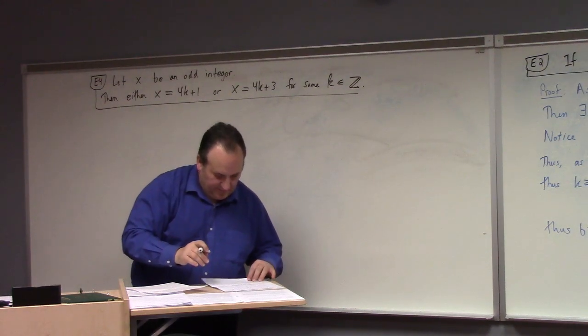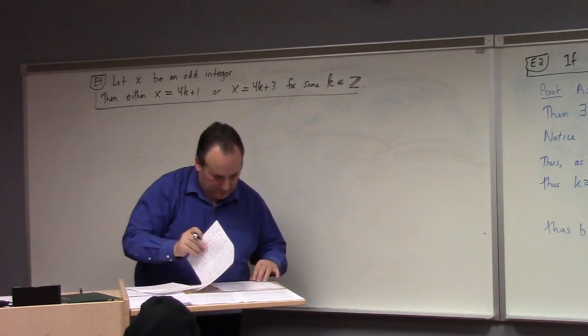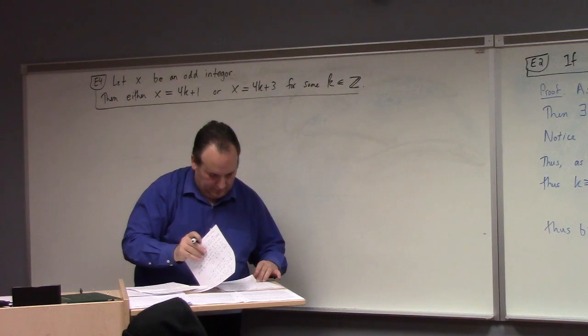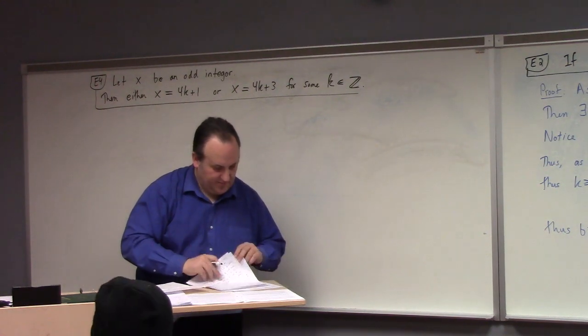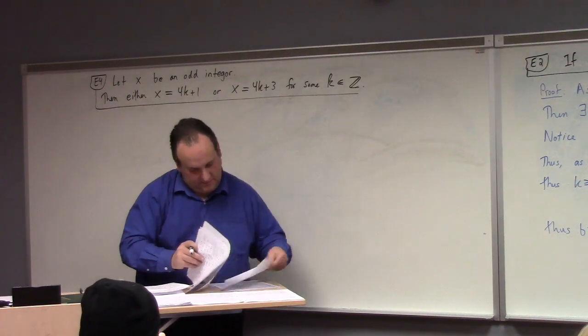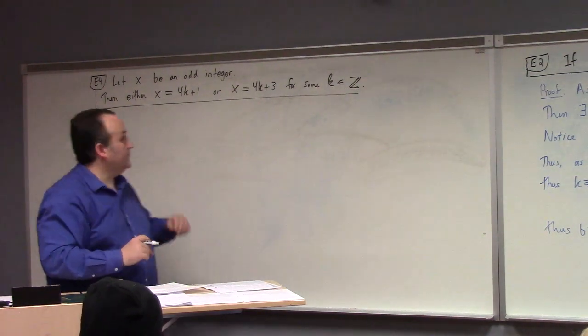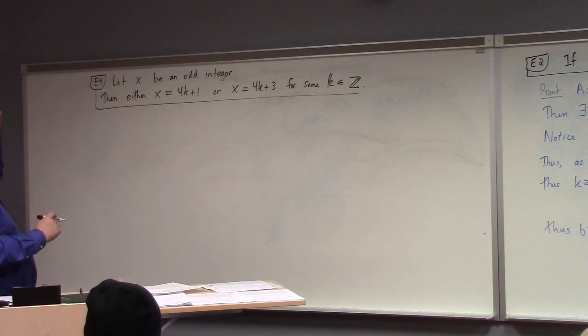So how do you think we should prove that? I had another proof ready for today. Where'd it go? Oh, there it is. I found it. Okay. So how's this going to go?